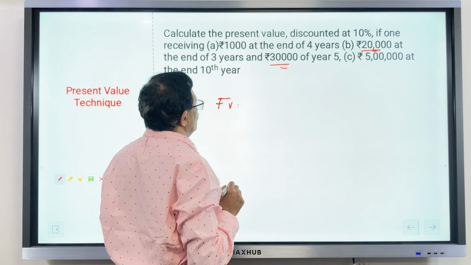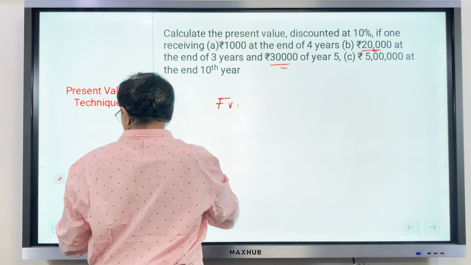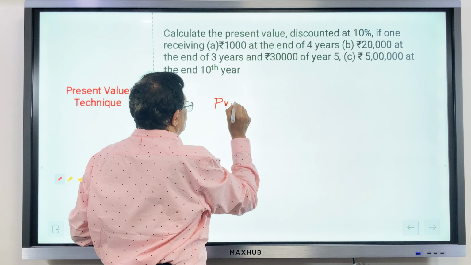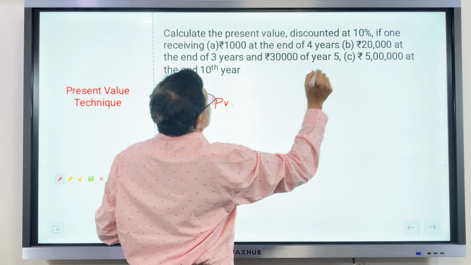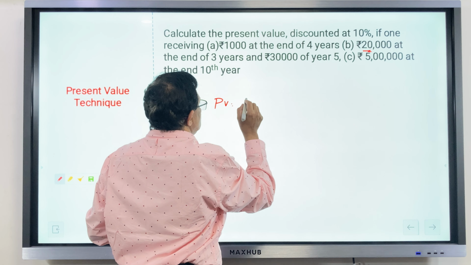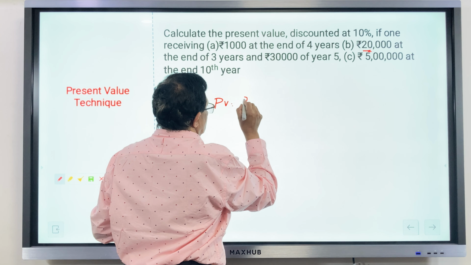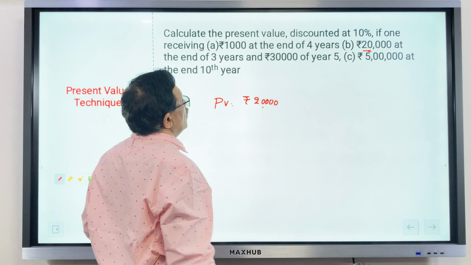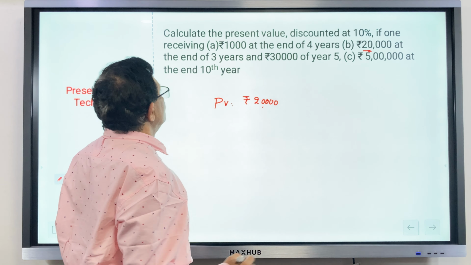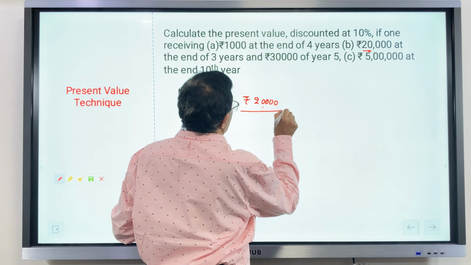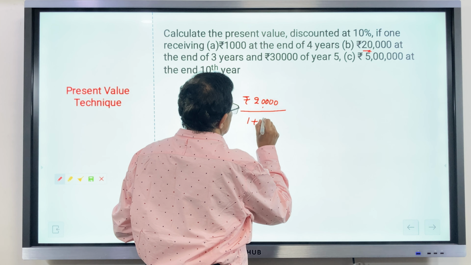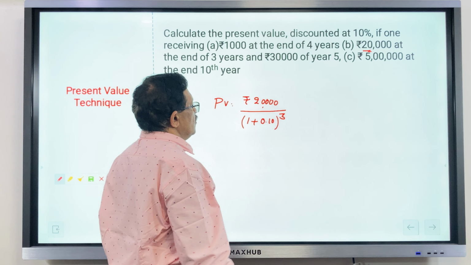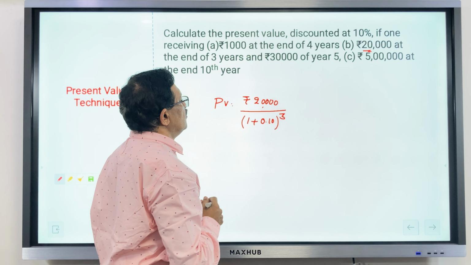Here the present value is equivalent to the first cash flow of rupees 20,000, which we are getting at the end of third year, divided by 1 plus 0.10 whole to the power of 3, because this amount is coming at the end of the third year.